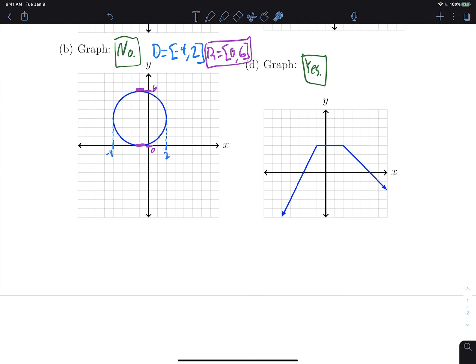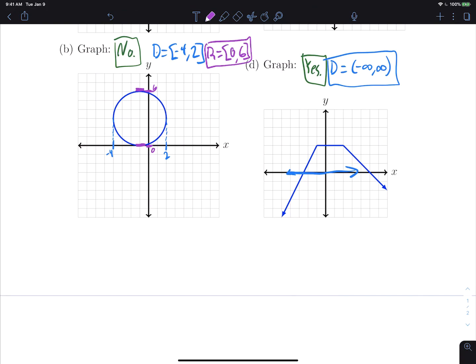And now for letter D. Notice that again on the x-axis, this is pointing to the left and down, to the right and down over here, and I can use anything in between those. So for the x-axis, I can use anything to the left and anything to the right, which means I can use negative infinity to infinity for my domain.